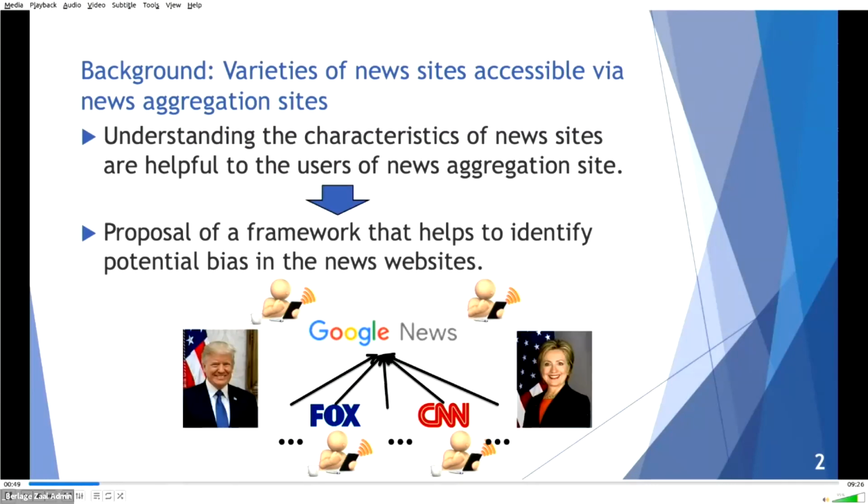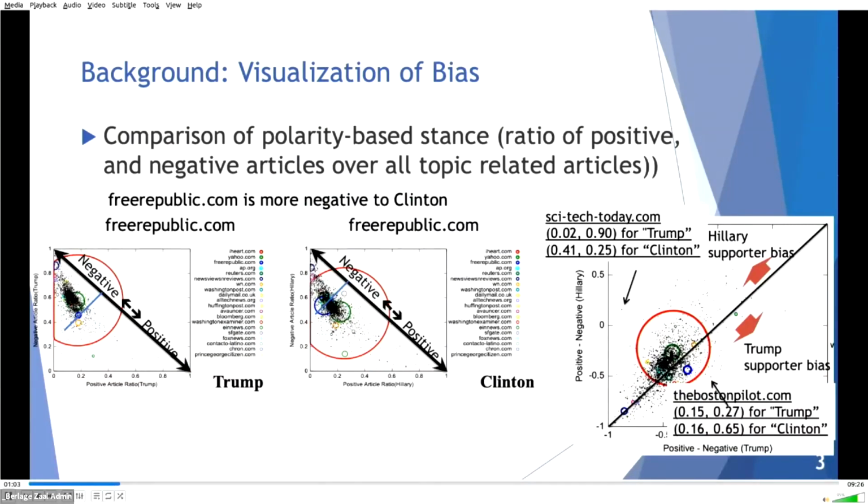For example, since most users know the characteristics of CNN and Fox, if we can plot the news sites using such bias, it is helpful to understand the characteristics of the news sites. In this research, we proposed polarity-based stance that represents the ratio of positive and negative articles over all topic-related articles.